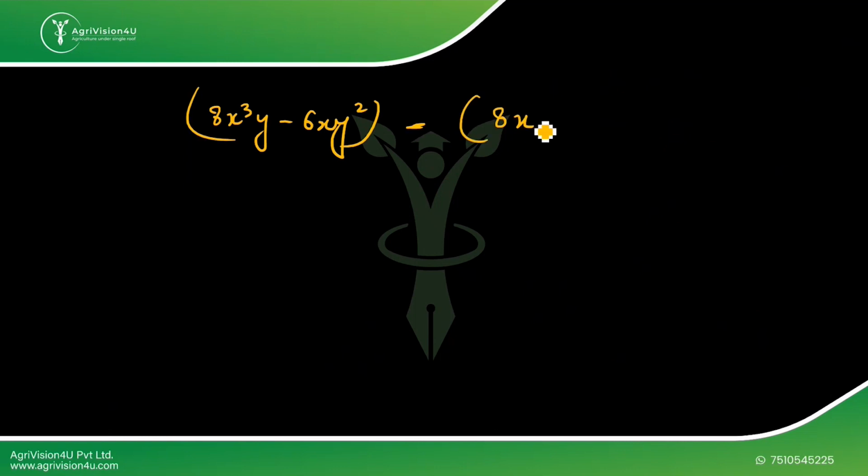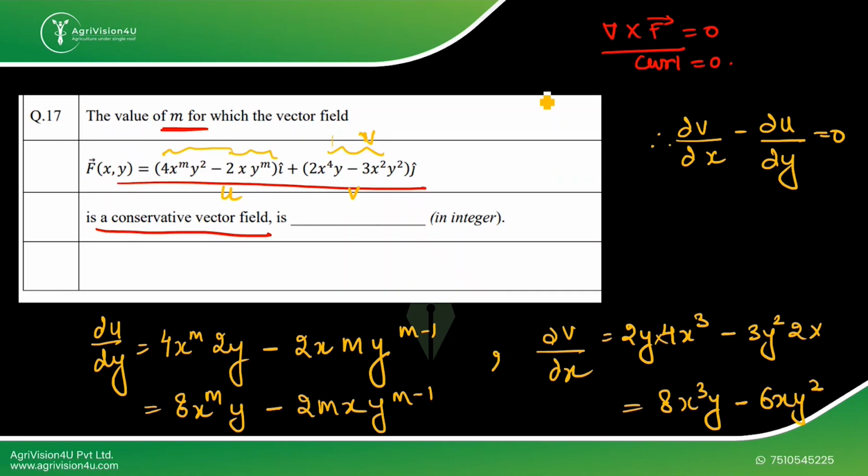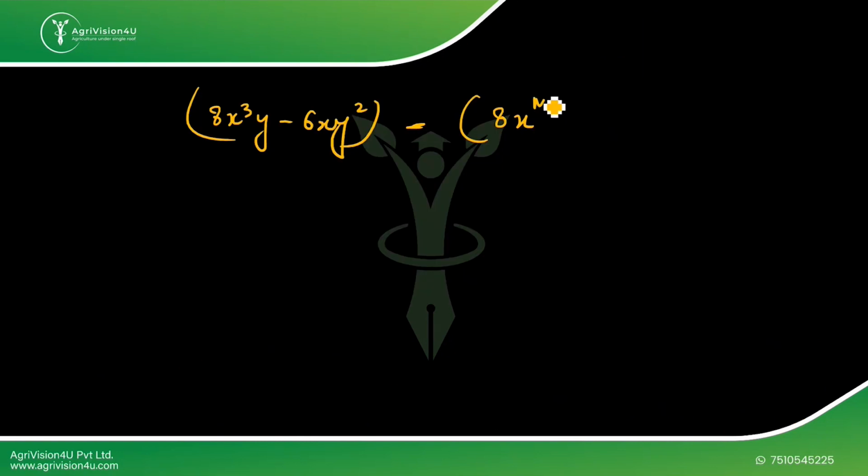Minus 8x to the power m y minus 2mxy to the power m minus 1 is equal to 0, right? So if you solve this, what you will get? You will get m value is equal to 3.